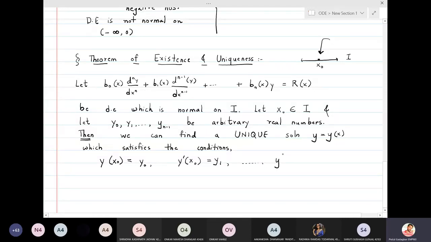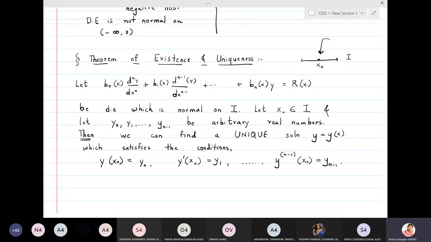The (n-1)th derivative, written in brackets, at x0 is equal to y(n-1). Okay, so this is the existence and uniqueness theorem for differential equations.